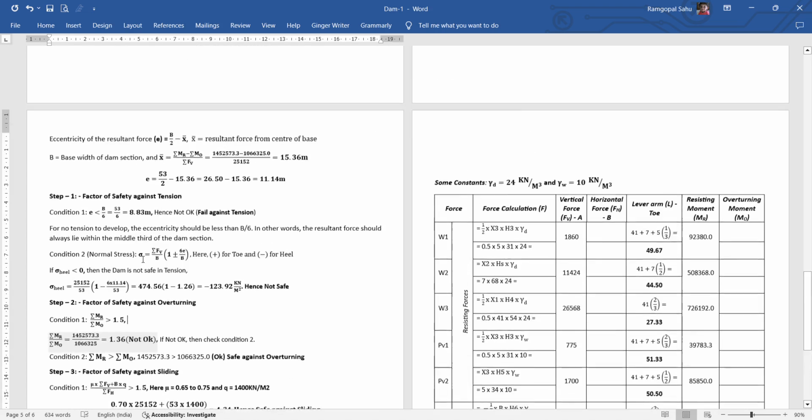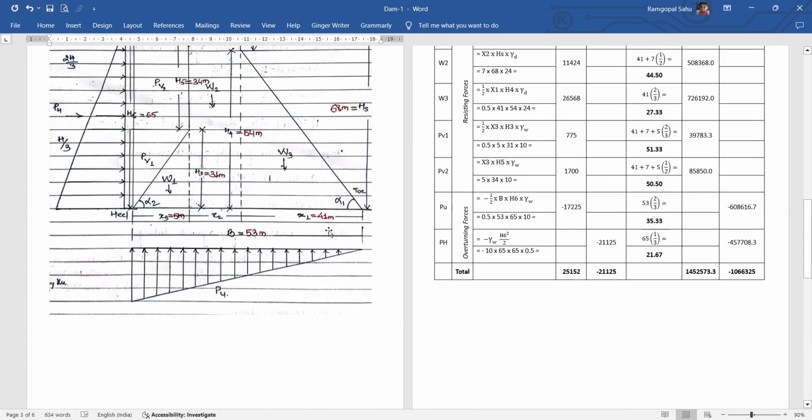If we look at the diagram, you can see at the toe alpha 1 is subtending and at the heel alpha 2 is subtending, and this value can be identified by the normal trigonometric formulation: tan alpha 1 is opposite over adjacent, that is height over base, 54 by 41, and tan alpha 2 is opposite over adjacent, that is h3 over x3, 31 over 5.